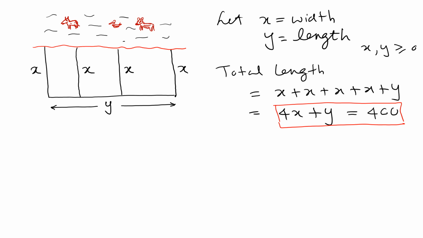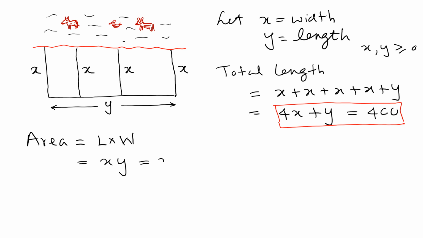Now we can write the objective function, which is the area. This is a rectangle, so the area equals the length times the width. Length is y and width is x, so it is x times y.